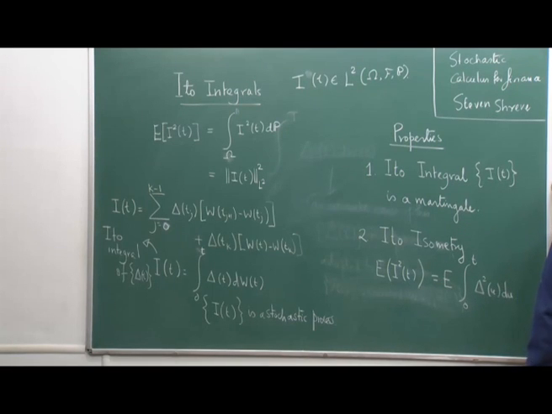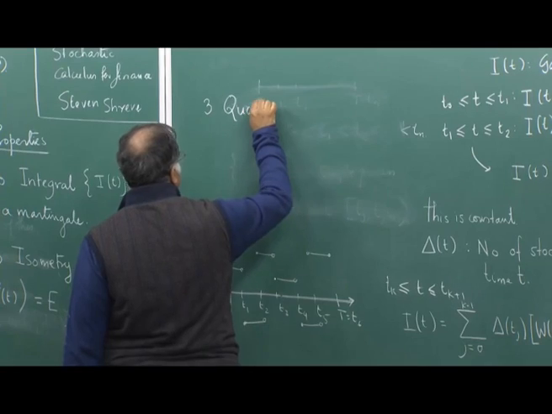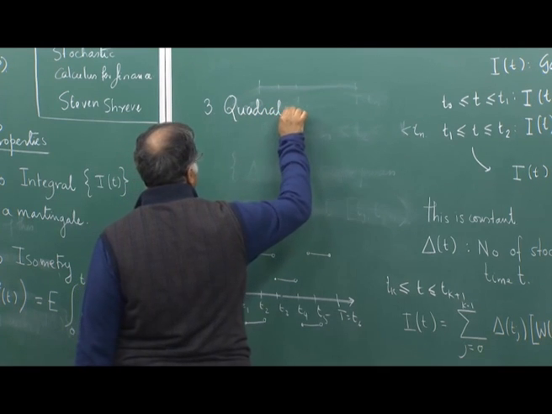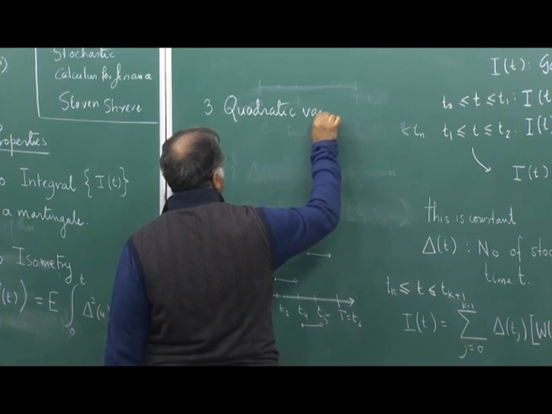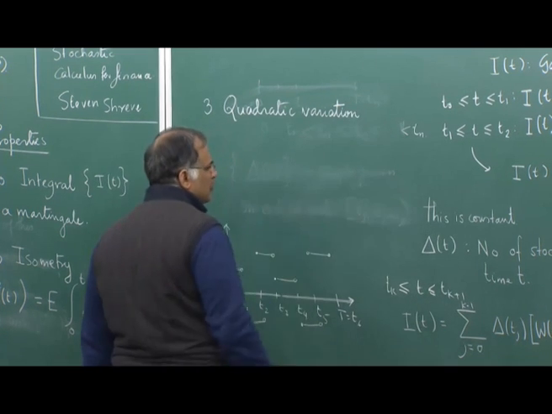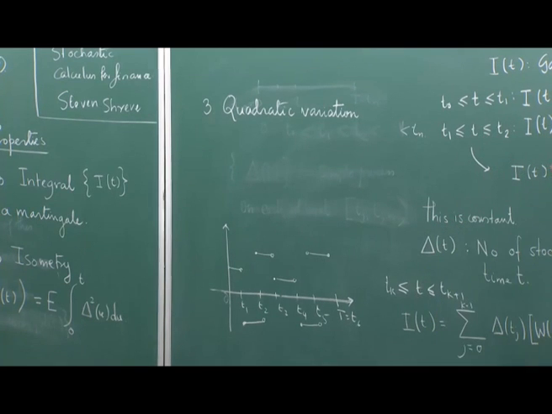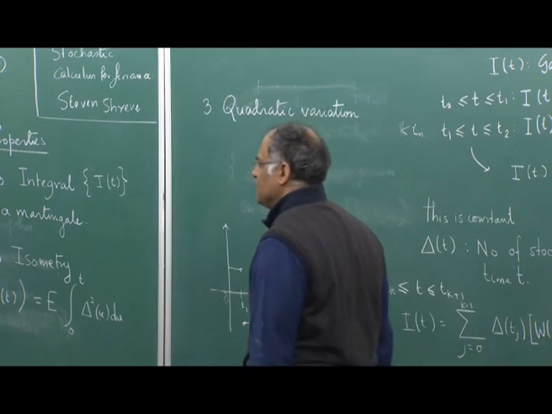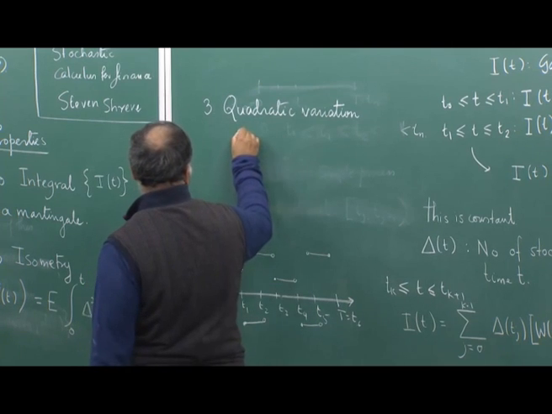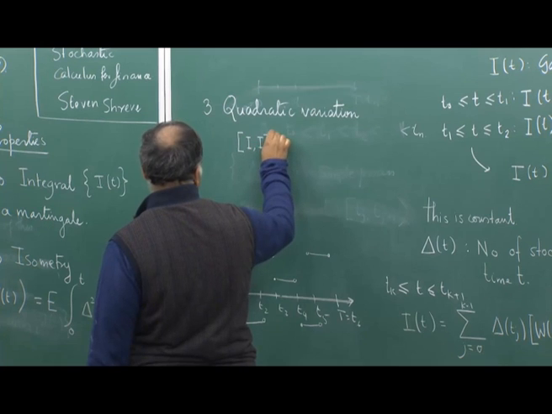The Ito integral does not have a 0 quadratic variation; it has a quadratic variation. The quadratic variation of the Ito integral is given by this simple thing. It is amazing, the answer.